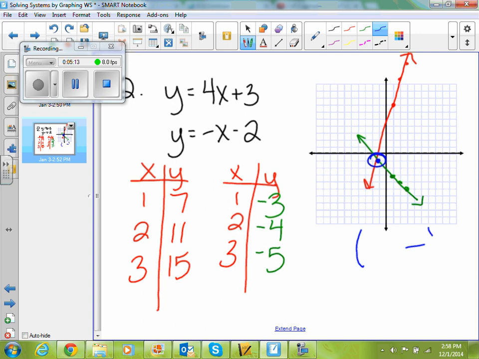So if I go to find that point, I need to figure out how much I go back and how much I go down to get to my first point. So how many do I go back on my x-axis? -1. And how many do I go down? -1. I know that's kind of hard to see.